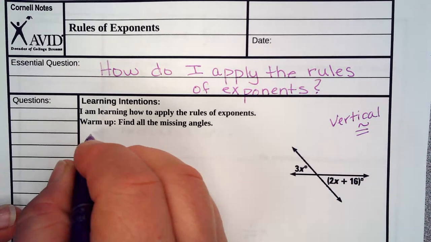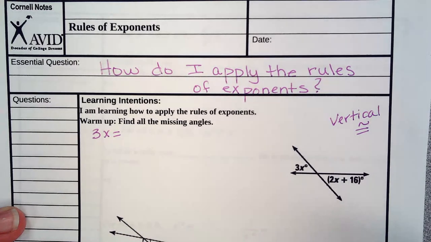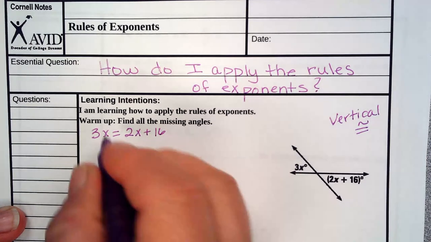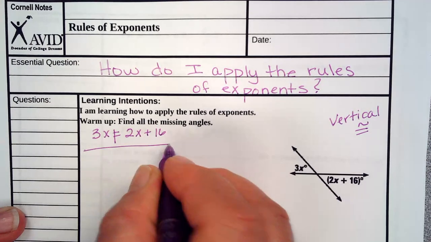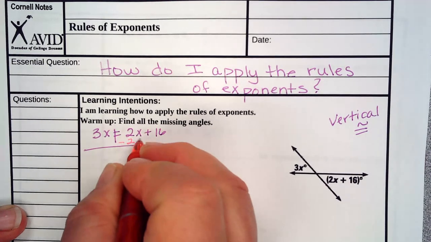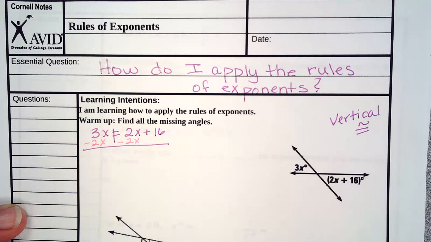So that means that 3x is equal to 2x plus 16. When I subtract 2x from both sides, I know that x is equal to 16.